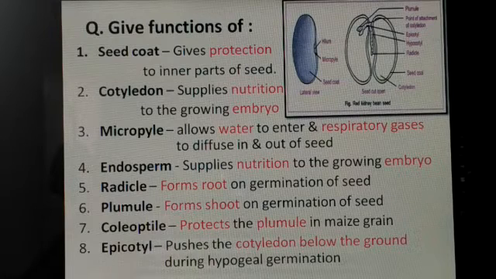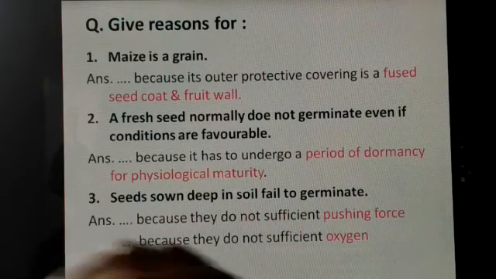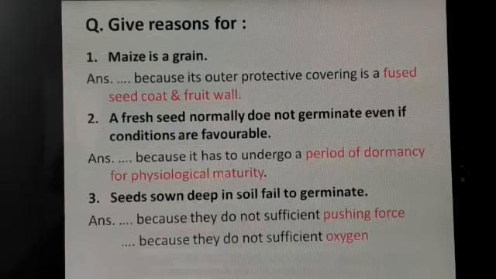It is because if epicotyl grows more than hypocotyl, therefore the cotyledon is pushed below the ground during hypogeal germination. You can go back to the previous video where I have discussed the kinds of germination to understand the structure again. Alright, so we move on to the next kind of question, that is, give reasons for.